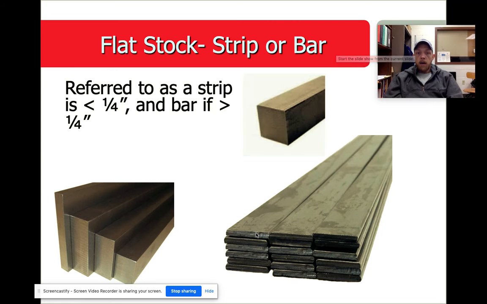The bar is going to be greater than a quarter of an inch, and it can be rectangular or it can be square. So bar, rectangular, square, greater than a quarter of an inch. Strip is less than a quarter of an inch. And one note, the strip is what we use to practice welding on. It's 3/16.